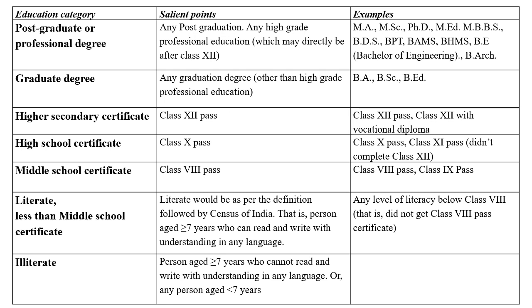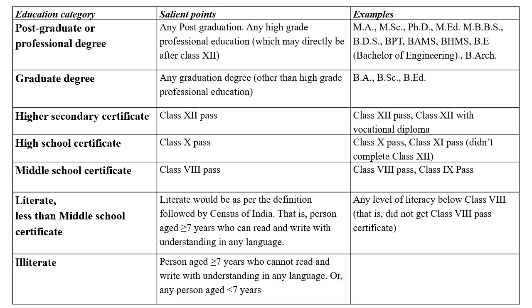If we put that person into illiterate, then also it's against the definition. So that's why this category was renamed as literate less than middle school education. Anyone who is more than 7 years, has not completed 8th standard, and is able to read and write in any language will be added to this class.